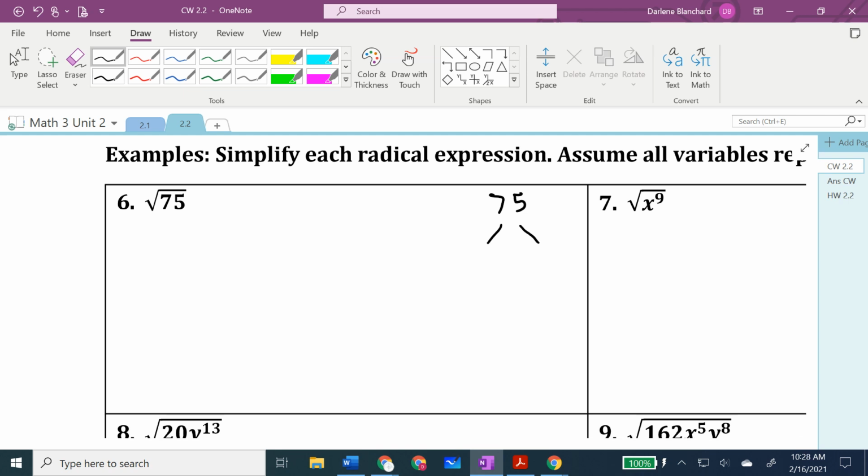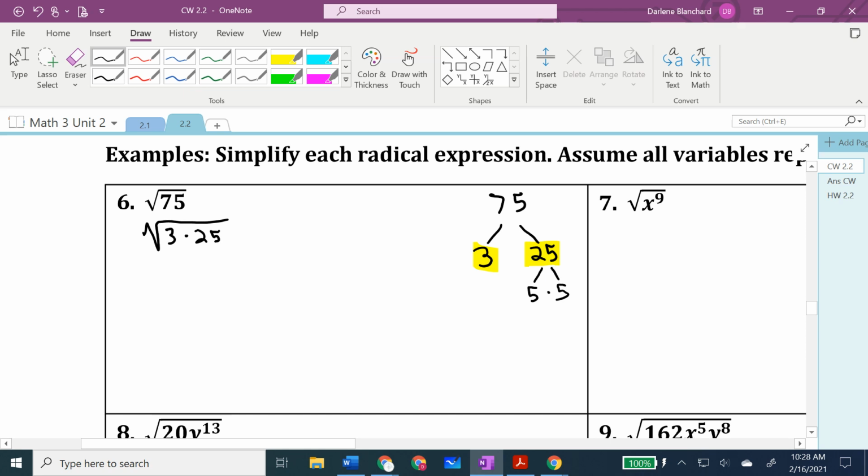Now, 75 is like having 75 cents, which means you have 3 quarters. 3 times 25. Maybe you recognize that 25 is 5 squared. Now, if you look at those together, you can see that that makes this the square root of 3 times 25.